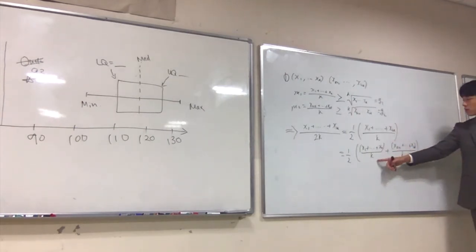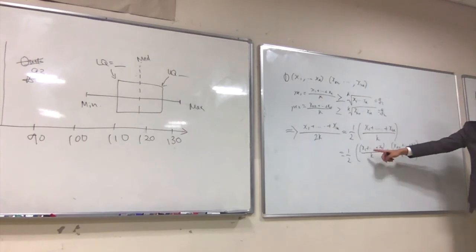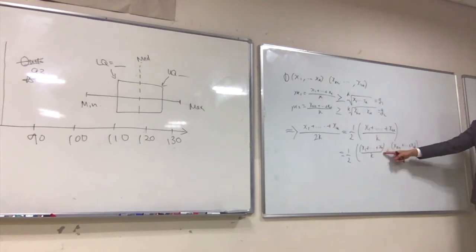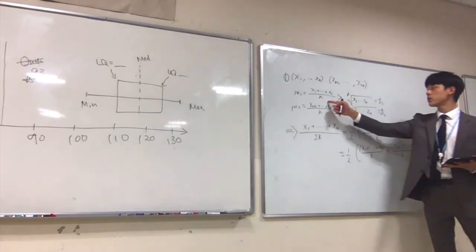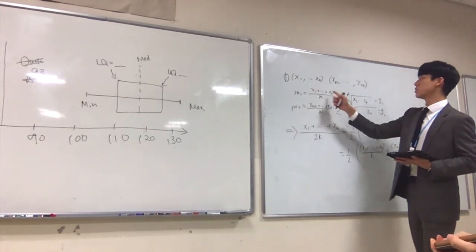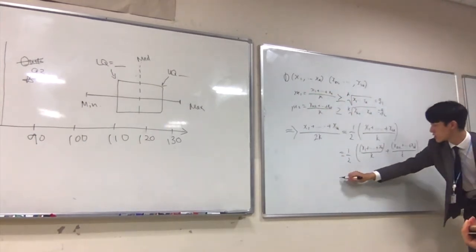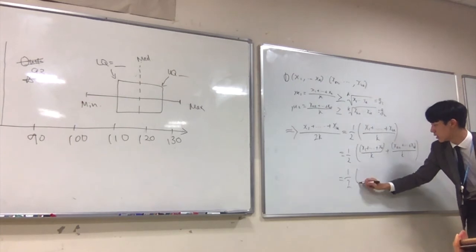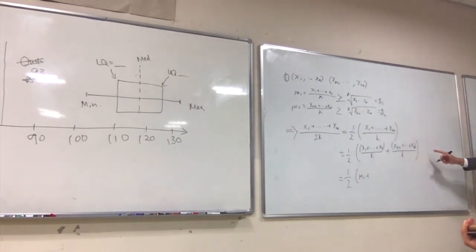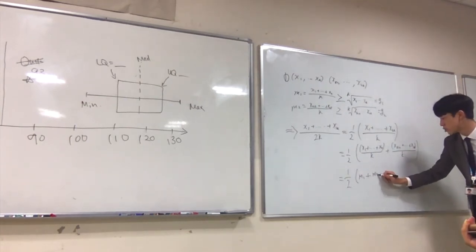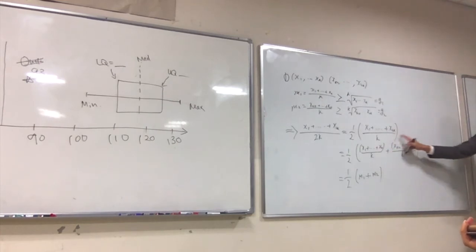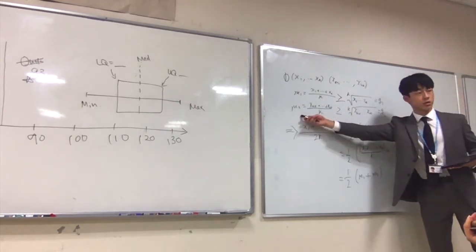But note here that this expression here, x1 added all the way up to xk divided by k, is equal to the arithmetic mean of x1 to xk. So the first one becomes m1, the next one becomes m2, because we know that this expression here just equals m2.